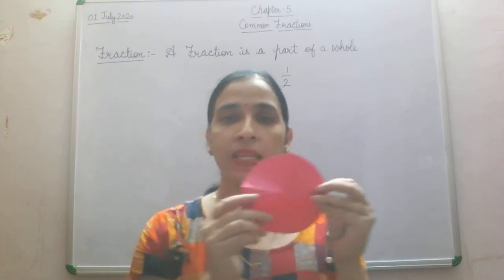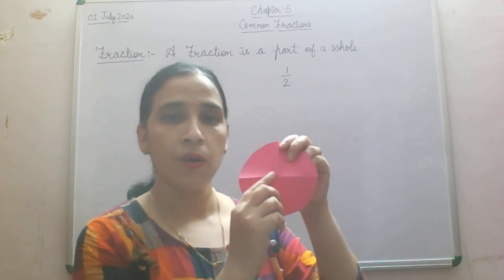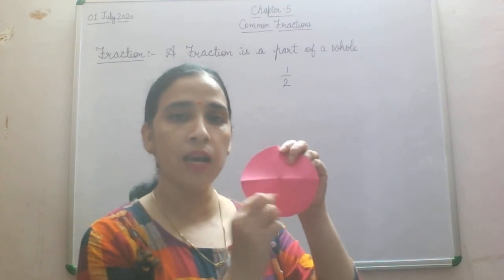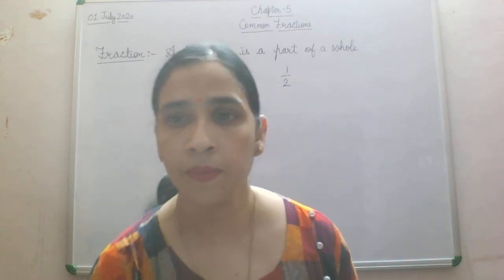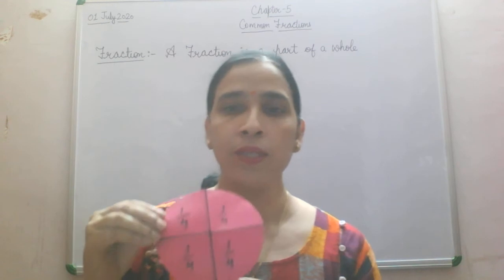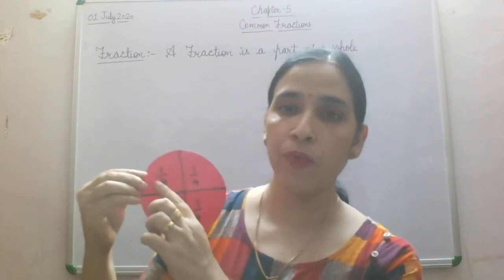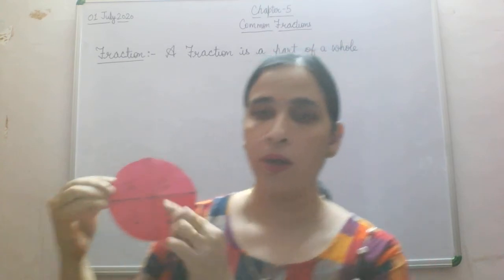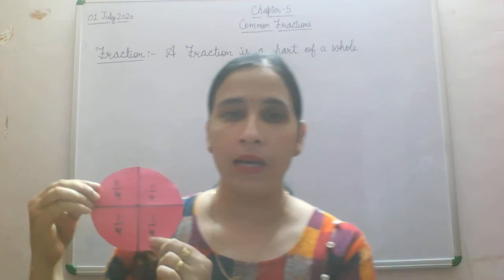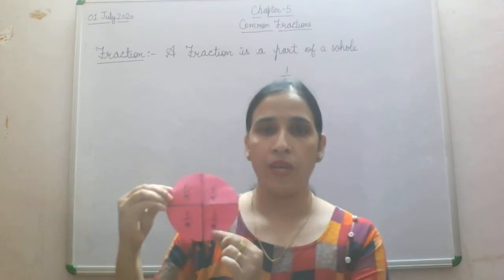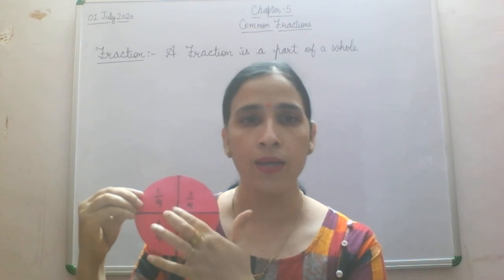You can see these margin lines, or we can draw these margin lines with a marker. Each part represents 1 by 4, 1 by 4, 1 by 4 and 1 by 4. It means we have taken a part of a whole circle.